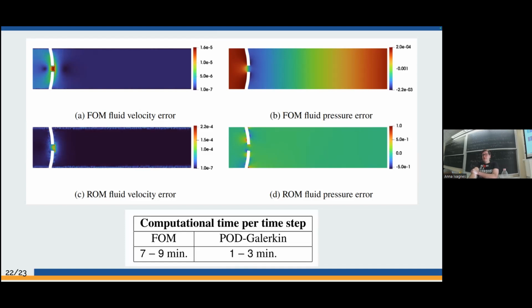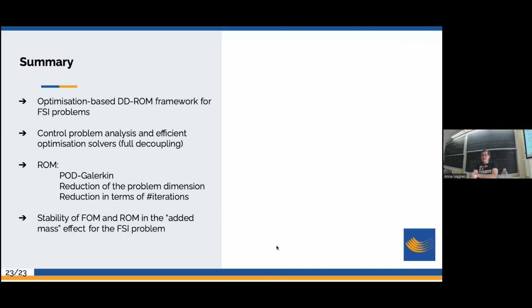It is very important to mention that this time can be significantly decreased if we apply some hyper-reduction technique, which wasn't done here, and we expect that the time can be a matter of seconds, but it will be done in the future.